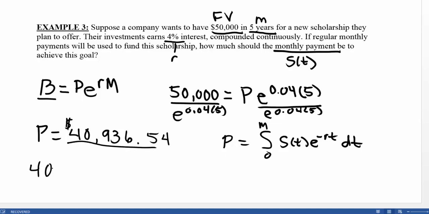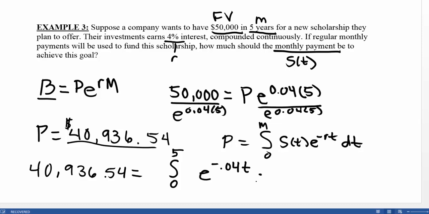So we have $40,936.54 equals, now we have the integral from 0 to m. We know that m is 5 years. We know our e to the negative, now this is 0.04 t dt. And S of t is what we're solving for.